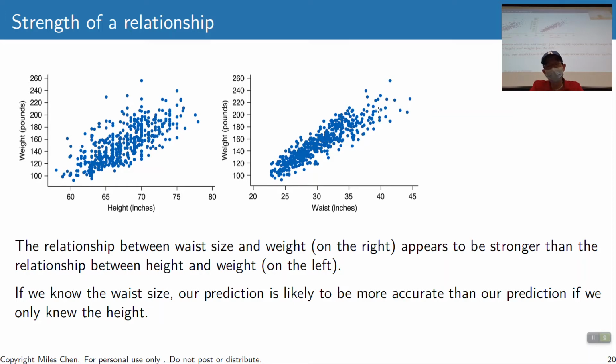So people with larger waists tend to weigh more, people with smaller waists tend to weigh less. And so we would say the one on the right is a stronger relationship than the one on the left. If you know the waist size, our prediction is likely to be more accurate than our prediction if we only knew someone's height.